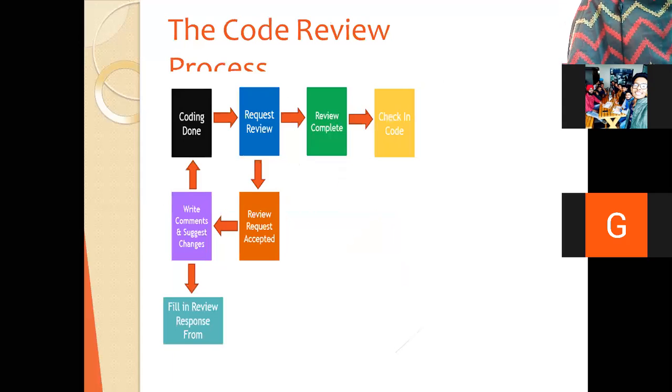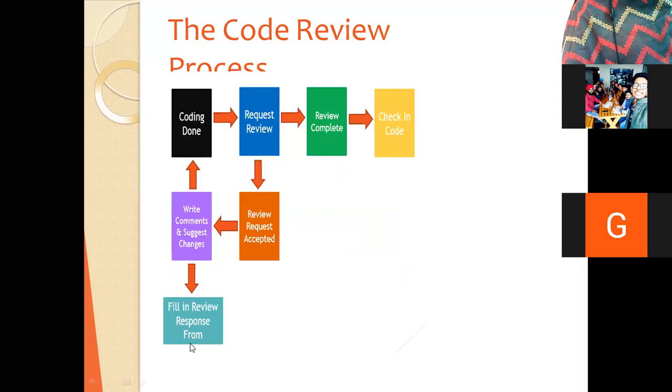The code review process, as you can see in the diagram here, involves coding. After doing coding, you can request review. After requesting the review, the request is accepted. After accepting, you can have the code review. After the code is reviewed, you can write comments and suggest changes.